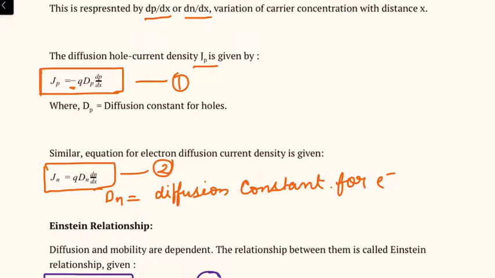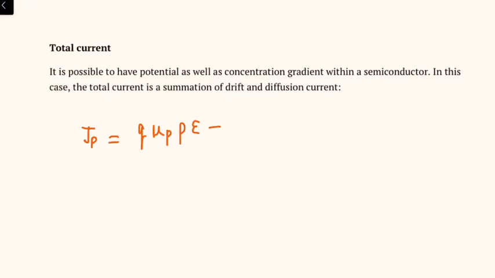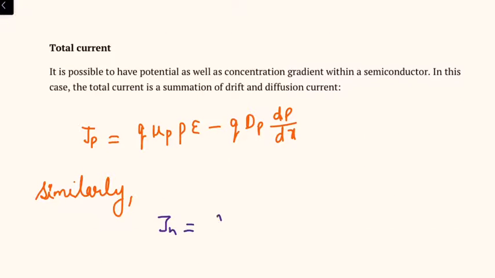So Jp equal to q μp p E minus q Dp dp/dx. Similarly, the net electron current is Jn equal to q μn n E plus q Dn dn/dx.